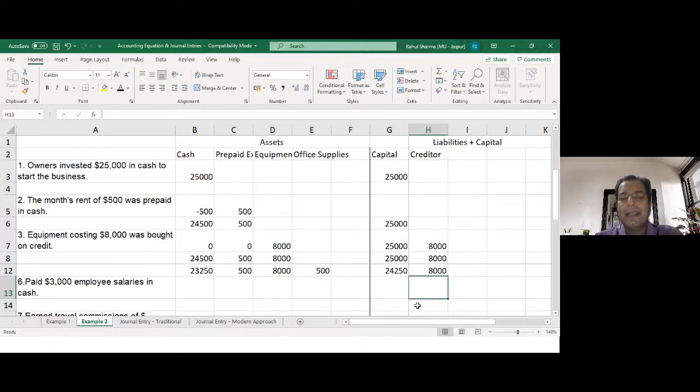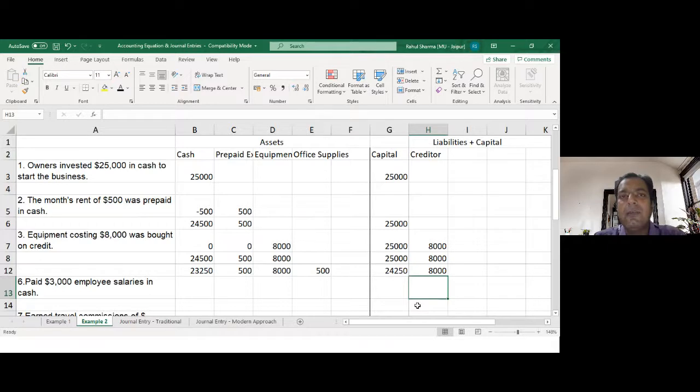We move next, and it's again very similar to the last one. Earlier, we paid advertising expenses, so we deducted that amount, 750, from cash, and we deducted 750 from the capital. Now similarly, the name has changed, but the nature is the same. In point 6, we are paying salaries.